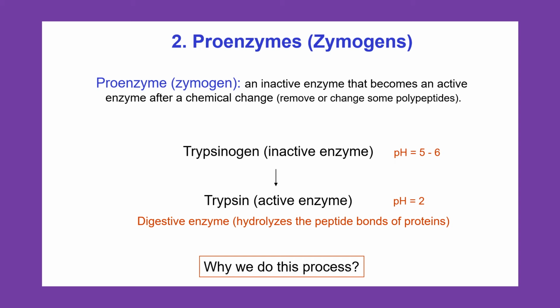For example, trypsin, an important catalyst for the digestion of proteins, is manufactured as the inactive molecule trypsinogen, which is a zymogen. When a fragment containing 6 amino acid residues is removed from the N-terminal end of trypsinogen, the molecule becomes a fully active trypsin molecule.